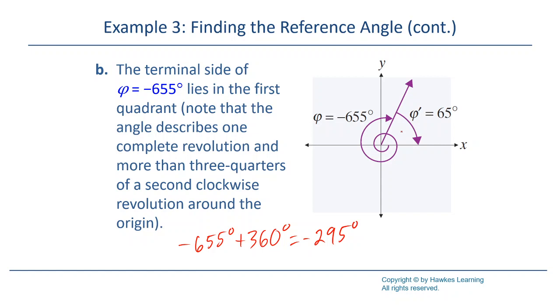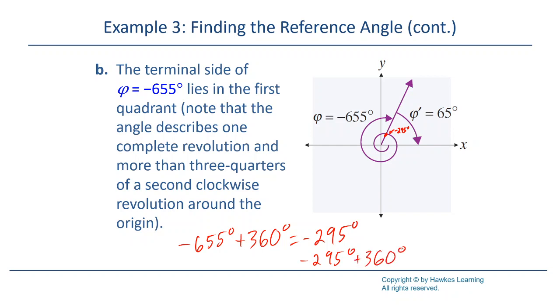I'm not quite there yet. This would be the negative 295. But I'm still not in the 360 degree range, or 0 to 90 range.